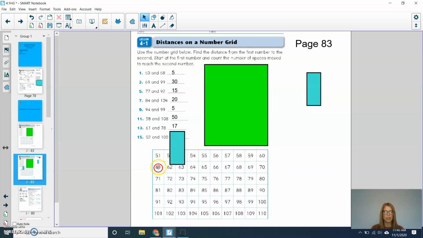And for my last one, I'm going to start at 52 and I'm going to go to 100. So I'm going to first start counting by tens and then I'll count by ones. So I have 10, 20, 30, 40, 41, 42, 43, 44, 45, 46, 47, 48.